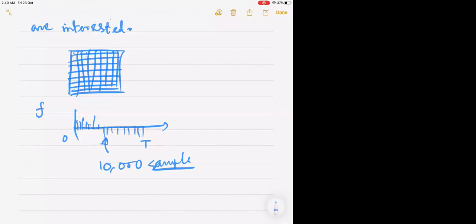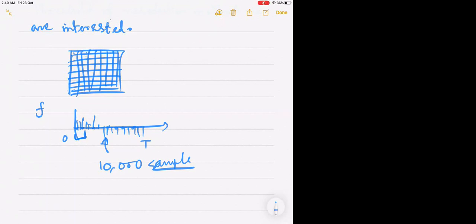If I want to store the data just as it is, for every sample point, store the value, then it would require, let's say, 10,000 units of memory. If I store only the first 100, that may not give me meaningful information. Or if I randomly space out these 100 points and store them, that also may not give me all the information. So I have to be cleverer.